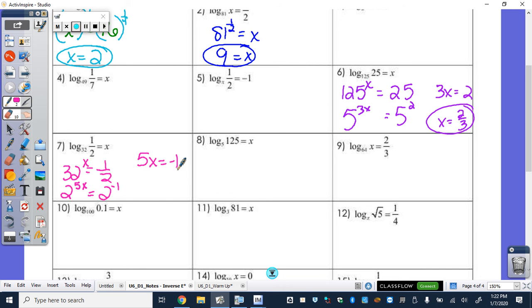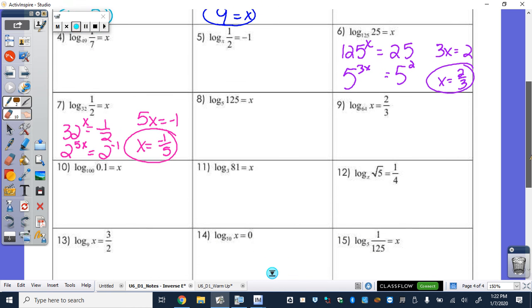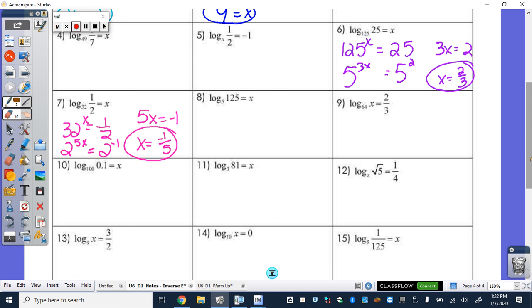So now my exponents are equal. X ends up being -1/5. Ooh, let's go to number 10 next.